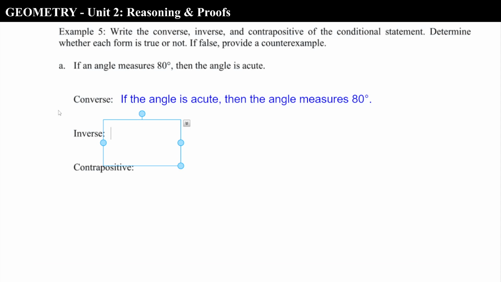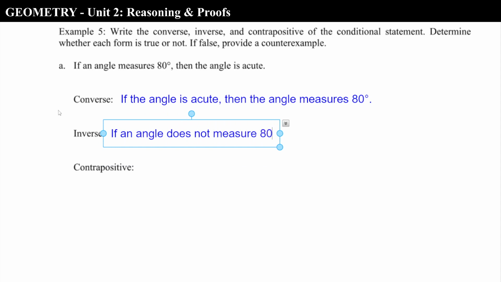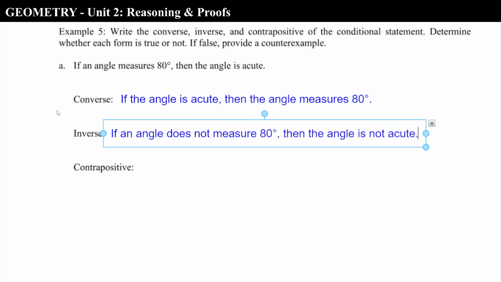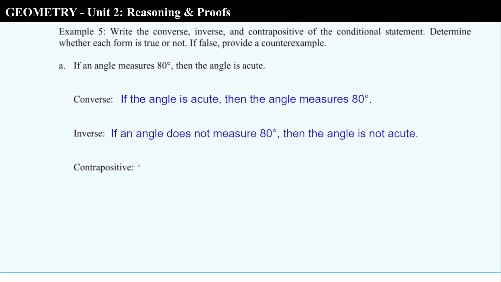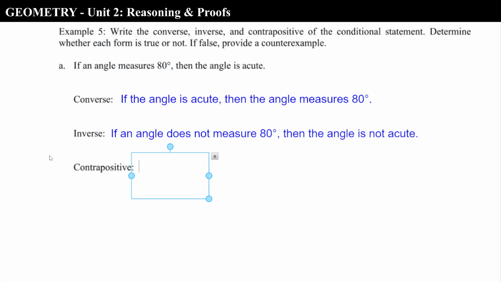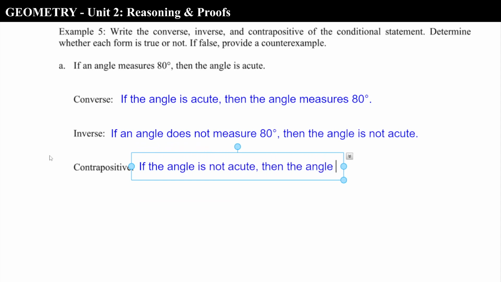The inverse, we're adding our nots in. If an angle does not measure 80 degrees, then the angle is not acute. And then for the contrapositive, if the angle is not acute, then the angle does not measure 80 degrees.